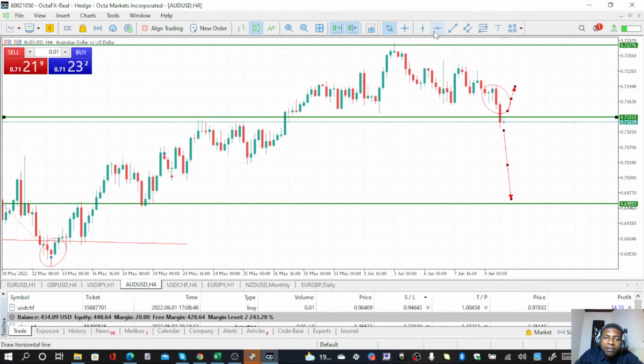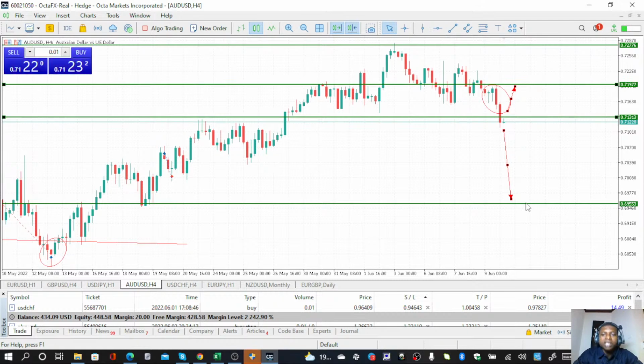So we can have our stop loss here and we can have our take profit here. If we are going with this trade, because what the 4 hours chart is telling us now is giving us a clearer view of what is actually happening.